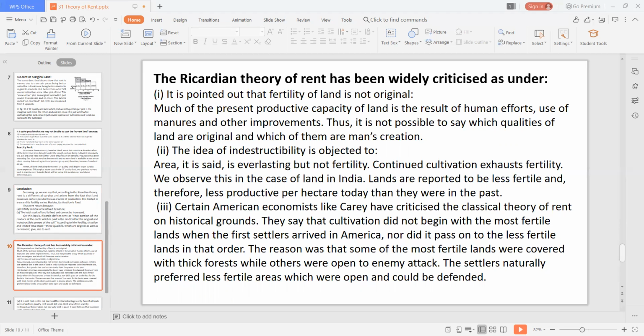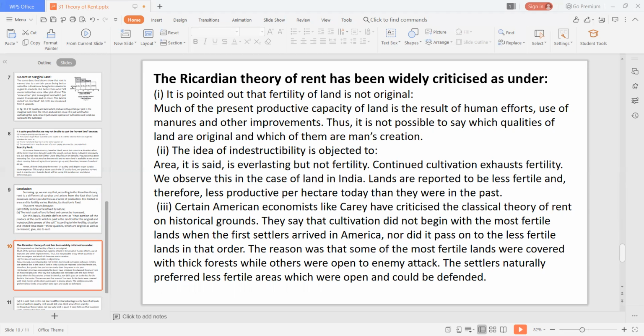The third criticism is that certain American economists like Harvey have criticized the classical theory of rent on historical grounds. They say that cultivation did not begin with the most fertile land when the first settlers arrived in America. Where we are able to stay, we can say, but we cannot choose which is the most fertile land and go and stay there.